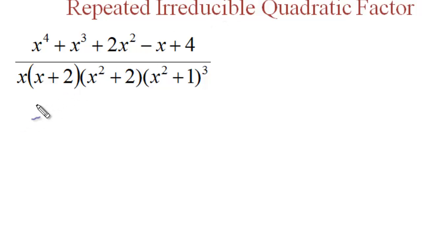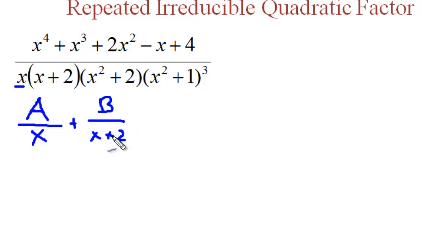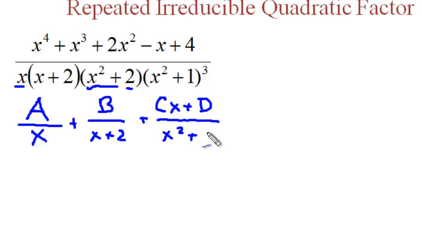Let's set out with our a over the first one, over x, plus b over x plus 2. The next one is irreducible, so that's going to be cx plus d over x squared plus 2. We just keep moving down the alphabet here. And now we have, not only is it irreducible, but it's repeated.